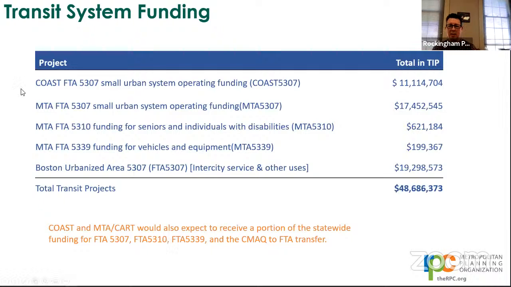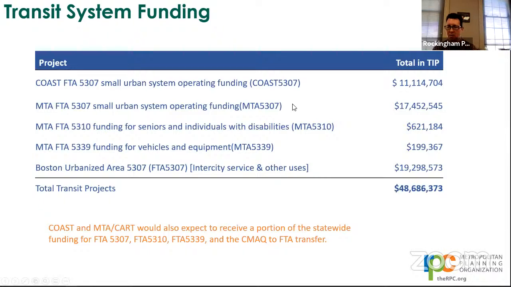Coast's primary, consistent funding is through the FTA 5307 program, so they have a single listing with all of their funding in that, and that's about $11 million. MTA, the Manchester Transit Authority, is included. The CART system in the western part of our region was absorbed into MTA a couple of years ago now, and so all the CART funding is included in this Manchester Transit Authority funding as well.